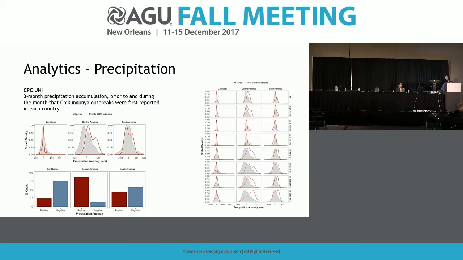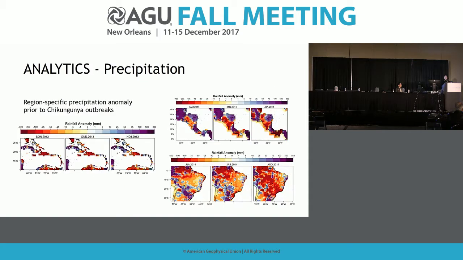And this is just to show you the different lags of precipitation, where the conclusion is the same: we can't find a uniform pattern across the region. As you see, rainfall anomaly is drier in the Caribbean, but in Central America, they have wetter conditions during the chikungunya outbreak time.